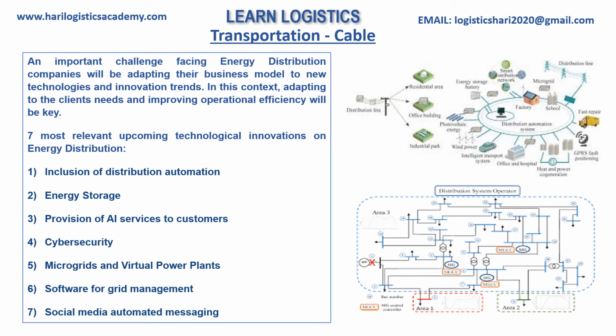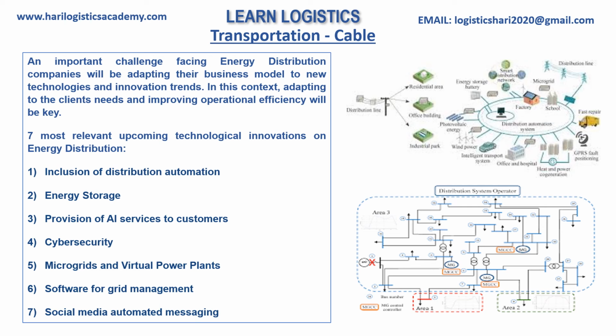An important challenge facing energy distribution companies will be adapting their business model to new technologies and innovation trends. In this context, adapting to the client's needs and improving operational efficiency will be key. The seven most relevant upcoming technological innovations in energy distribution may be: 1.